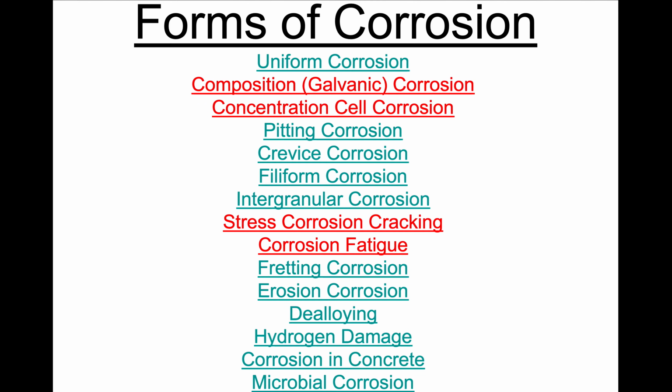So composition, concentration, and stress. We're going to explain what's happening in these types of corrosion. And then at the end, we're going to talk about corrosion fatigue. That's how corrosion is going to create fatigue and catastrophic failures in metals.